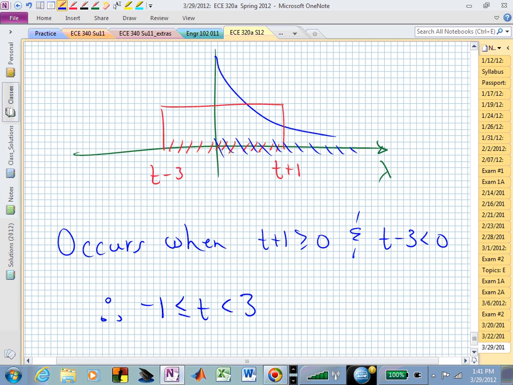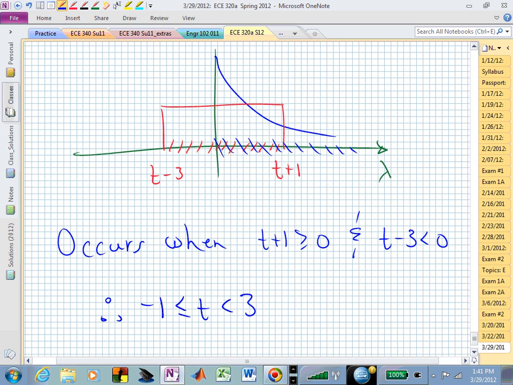So now once I get t minus 3 to be bigger than 0, I'm going to have complete overlap. And that functional expression, that convolution integral expression, will be different than what this one is. So these are my intervals where this particular convolution expression will be valid.